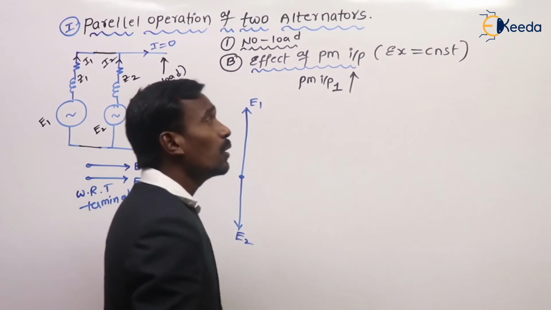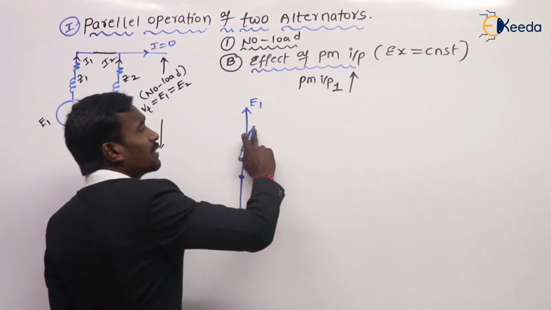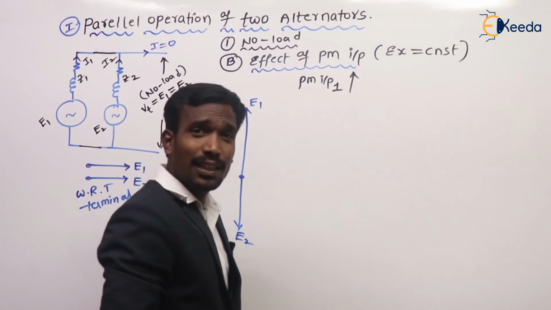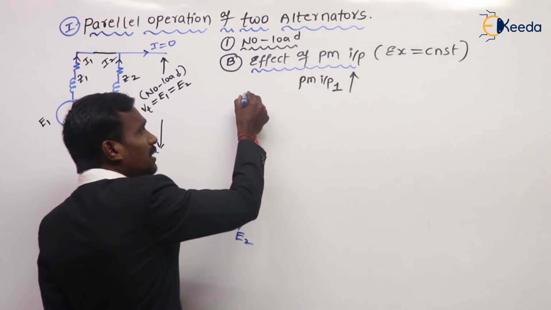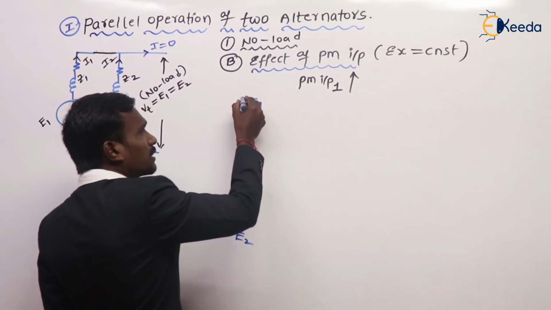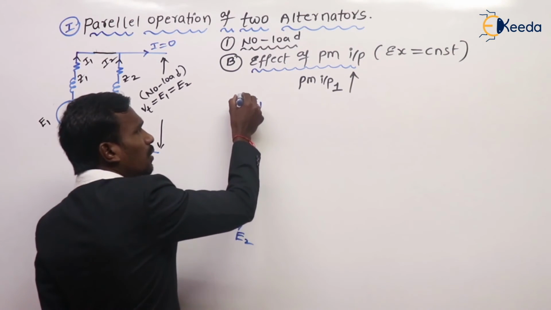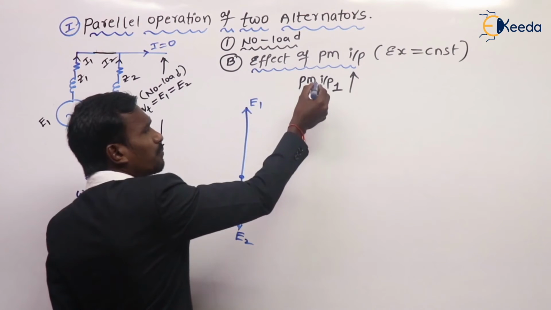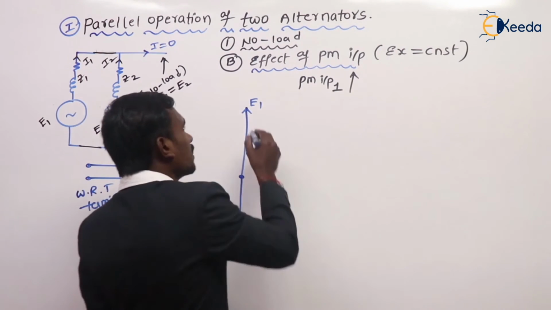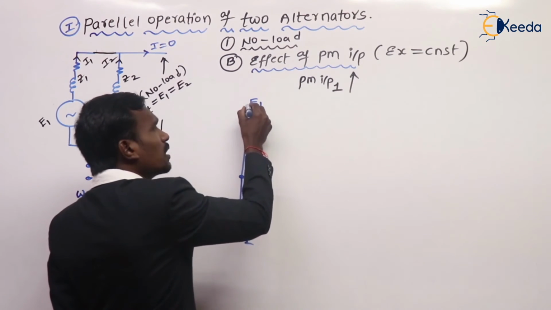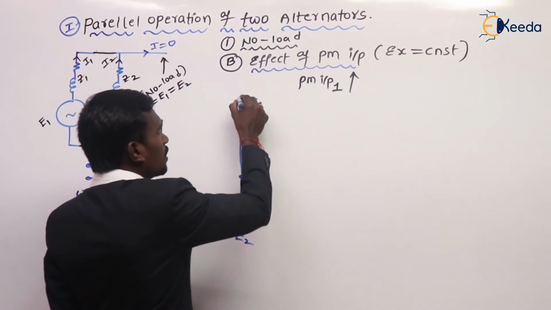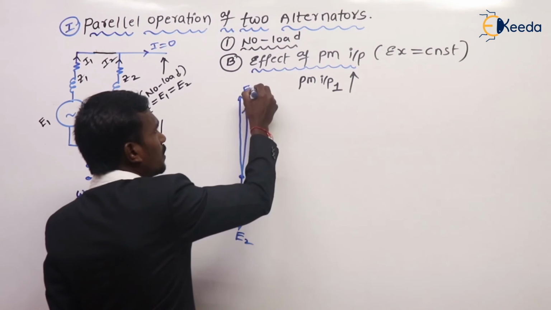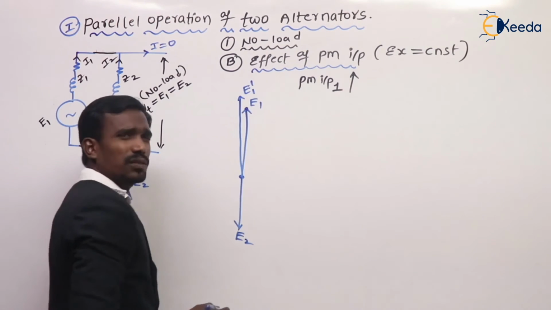What happened? When this changes, ultimately the E1 value slightly changes. For example, this is E1. When the prime mover input of machine 1 increases, the machine 1 EMF changes like this. This is my E1 dash.